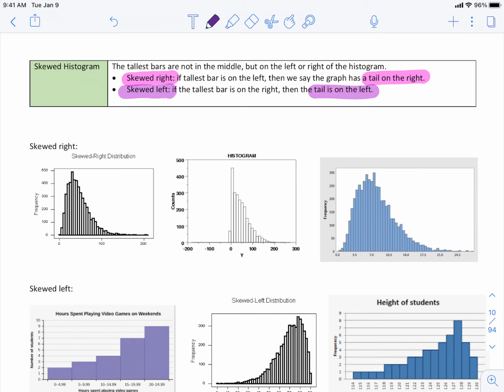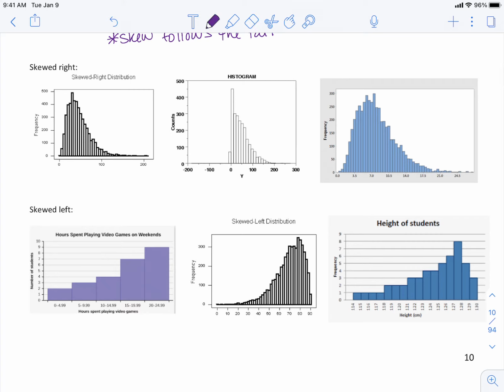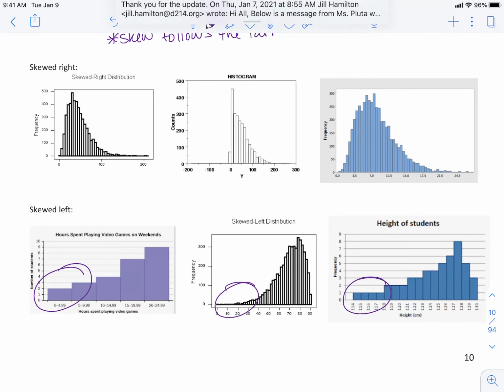So when we're describing skew, the skew follows the tail. Looking at the pictures here, skewed right, the tail is on the right of each of these graphs. Skewed left, we can see the tail is on the left for each of these graphs.